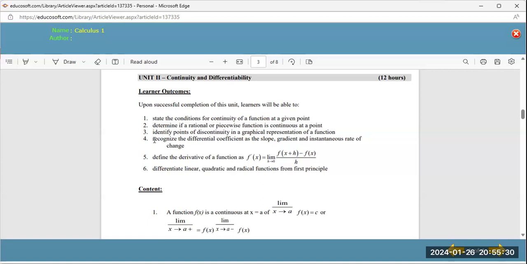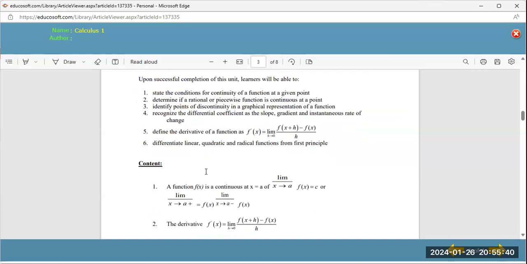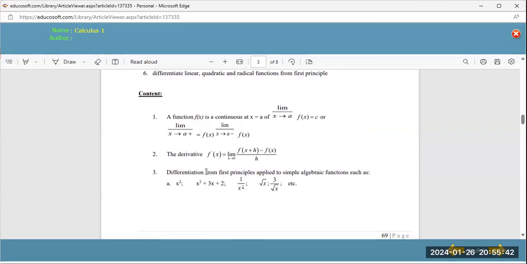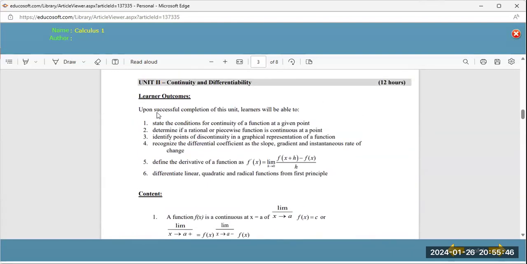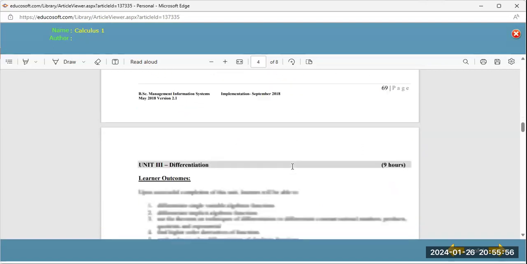After piecewise, my next topic is going to be differentiation from first principles. I'm going to finish differentiation from first principles, then I move into the third topic. So I just have one more topic technically to finish continuity and differentiability, and that one topic to complete unit 2 is first principles differentiation.